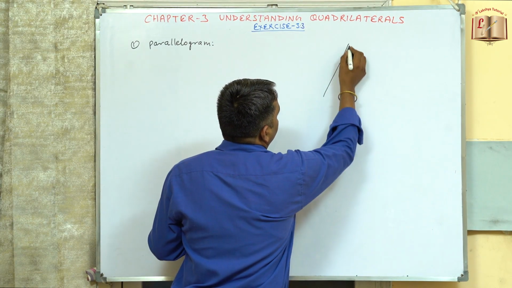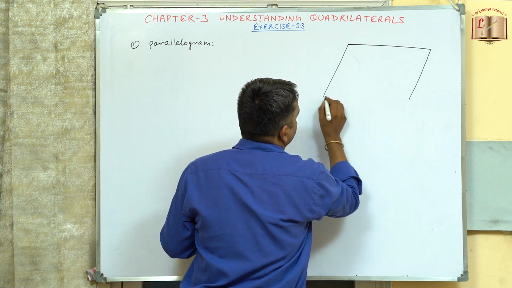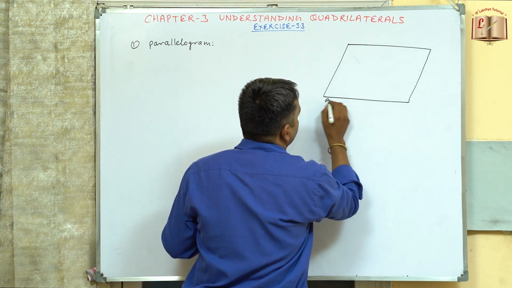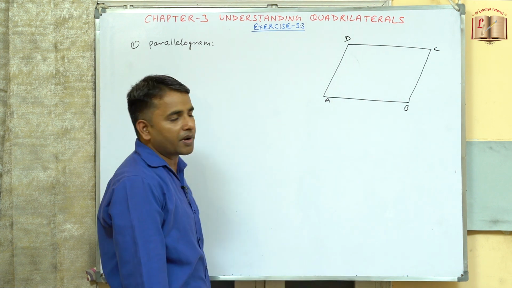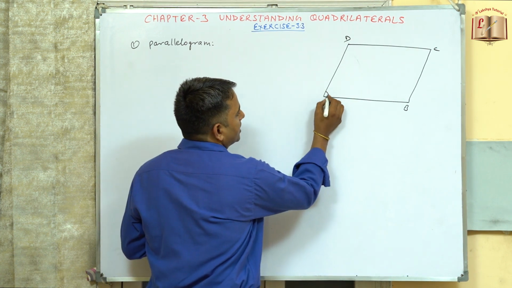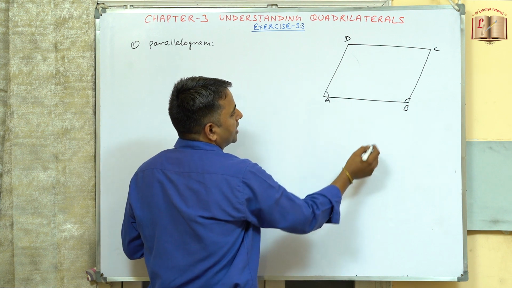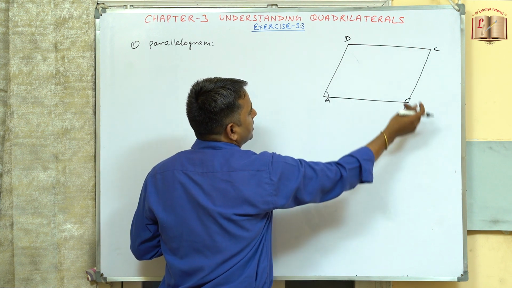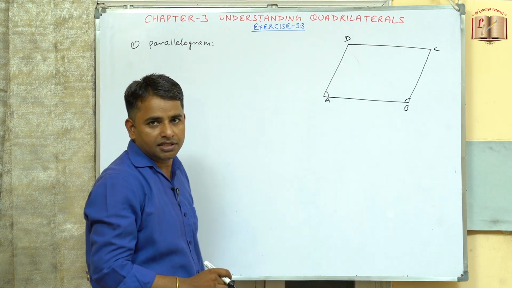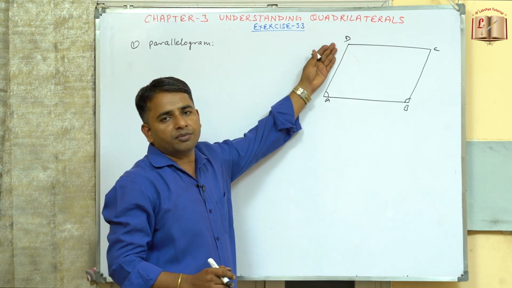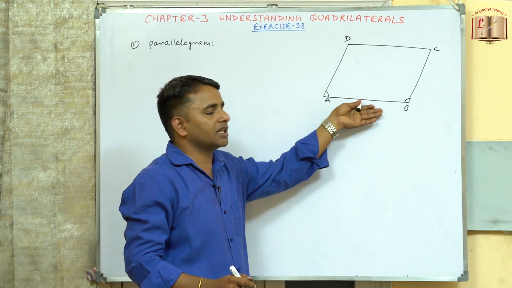So parallelogram ABCD. This is a parallelogram and these angles A and B are adjacent angles. B and C are adjacent angles. C and D, adjacent angles. D and B, adjacent angles. Adjacent angles means they have one side in common, we call them adjacent angles.